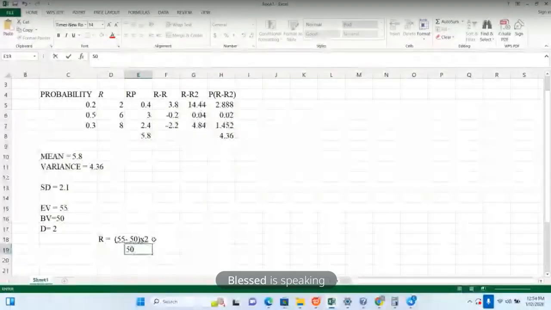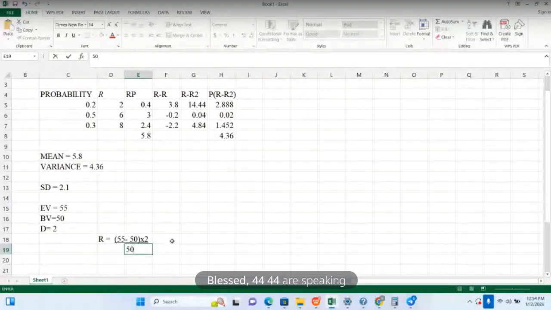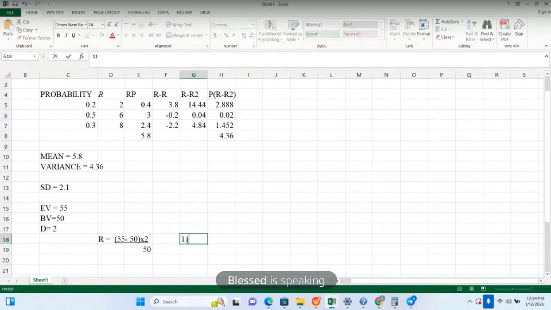Now if you do normal mathematical calculation, if we open this bracket, 55 times 2 should be 110. Minus 50 times 2, which is 100.